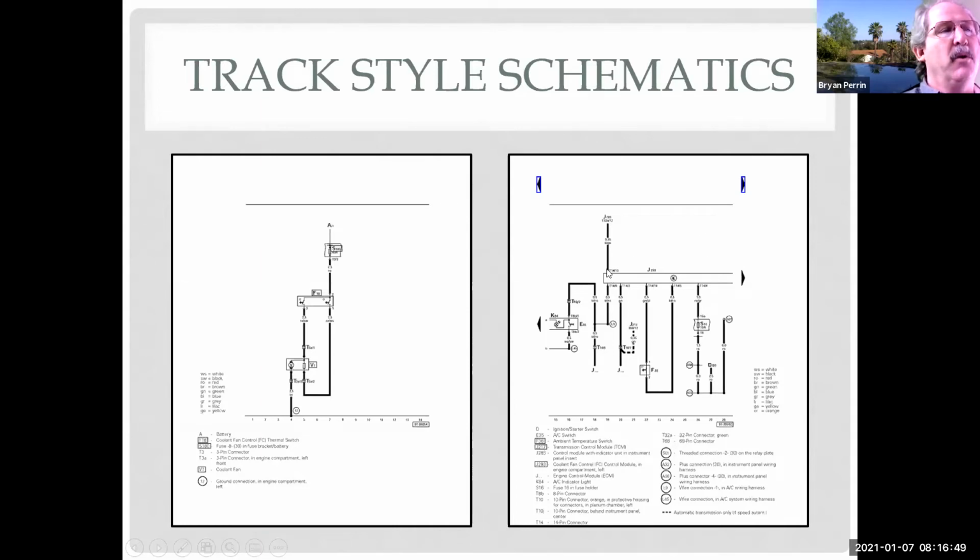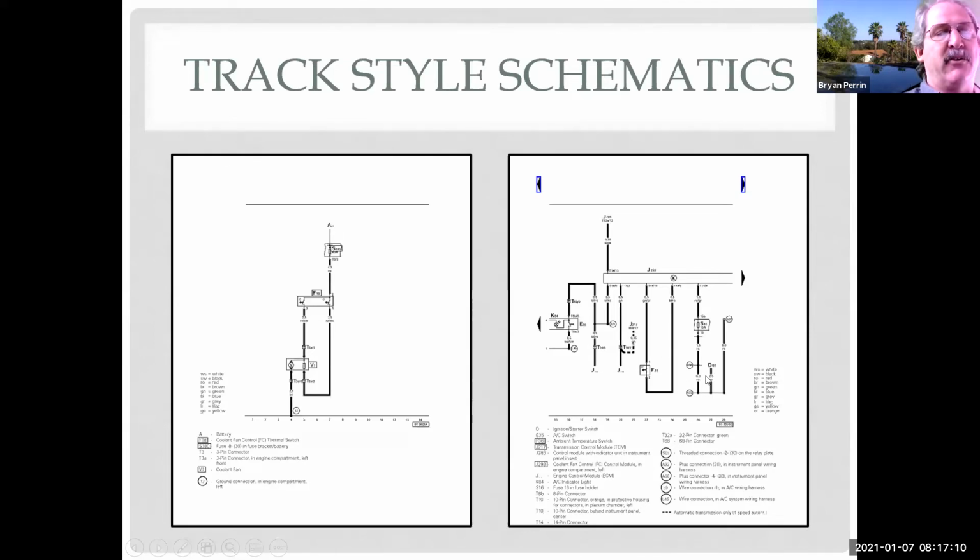And you'll see here where this wire goes up and it may go across to other things. It tells me here, this is J285. So I need to come down here to my decoder, and J285 is my control module with indicator unit for instrument panel insert. Okay, so that tells me what that is. So this thing here, nothing is named.